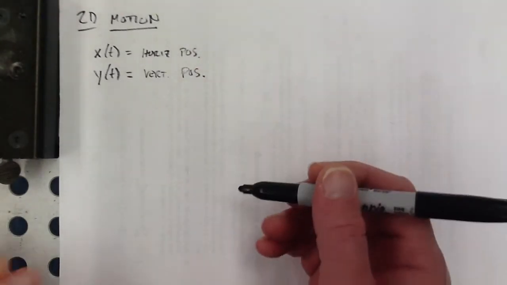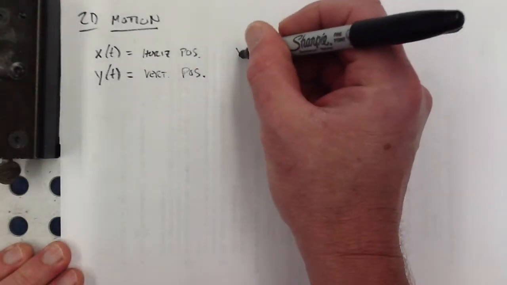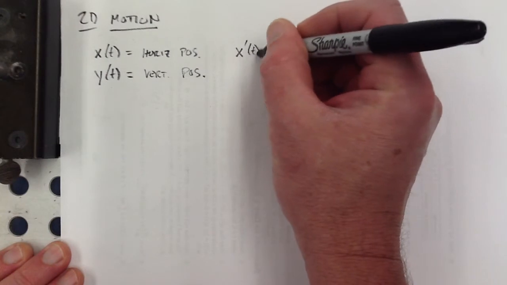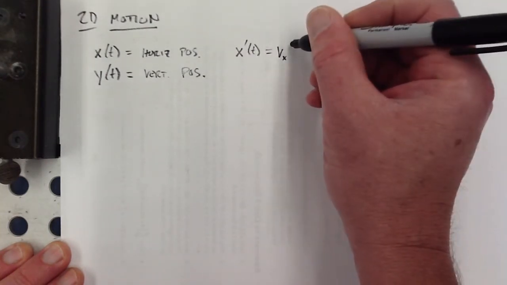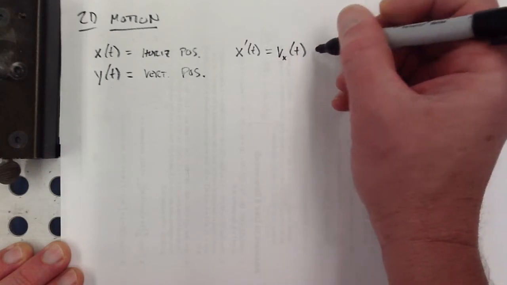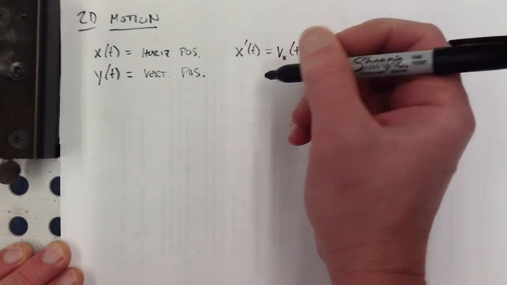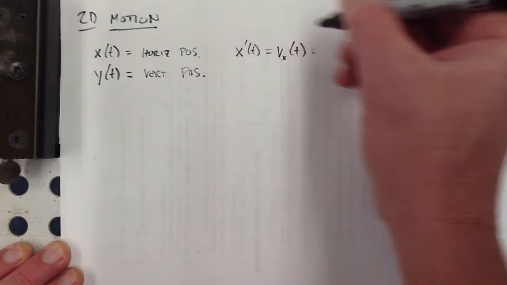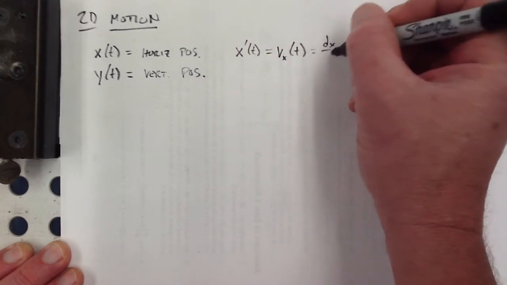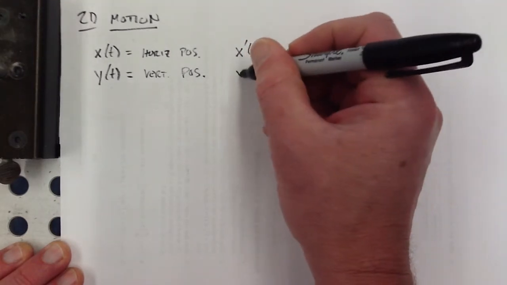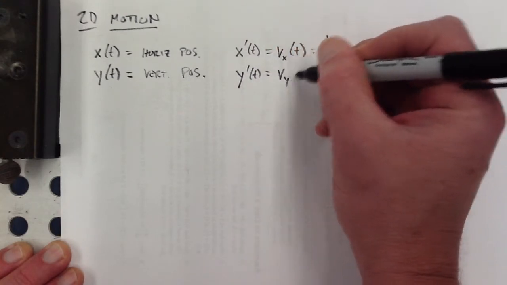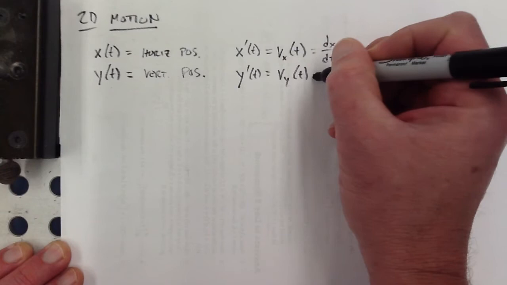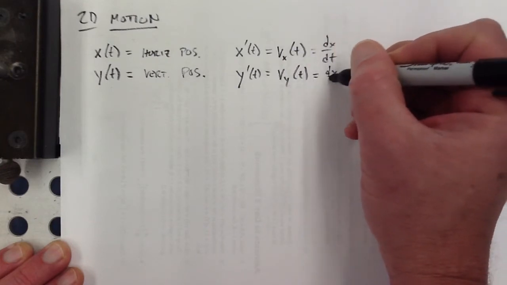And we know that if you take the derivative, that's the horizontal velocity. There are different ways you can write that, I'll write them all here: x prime, dx dt. If you do y prime, that's the vertical velocity, or dy dt.